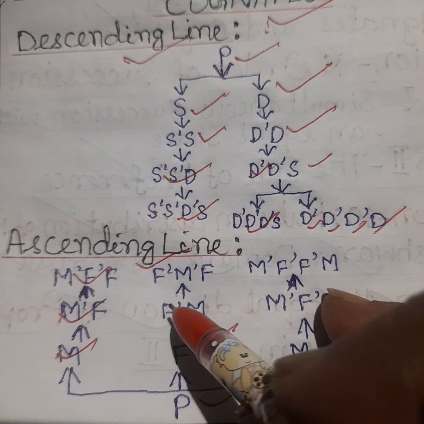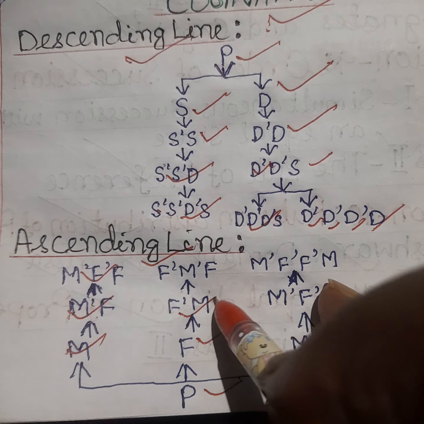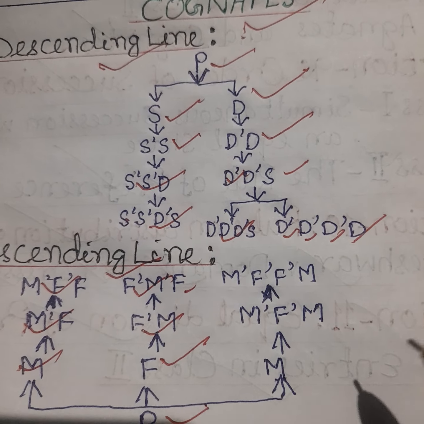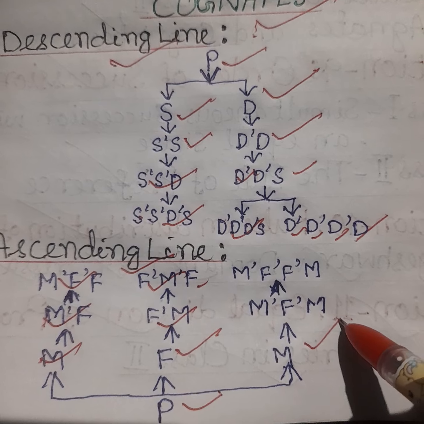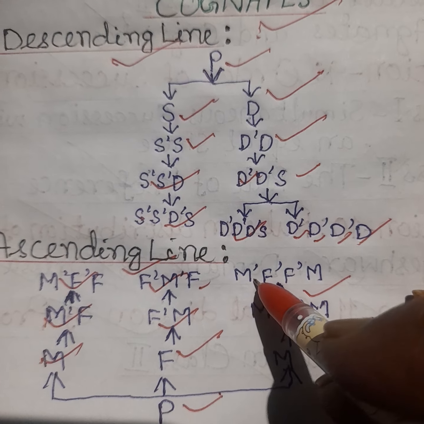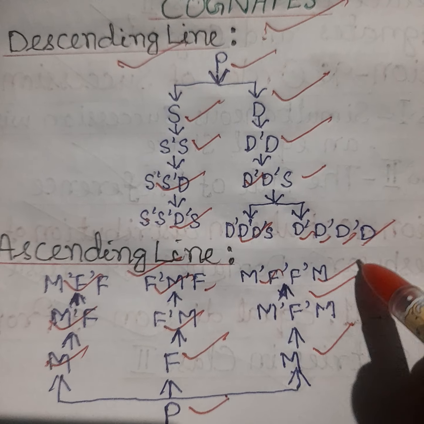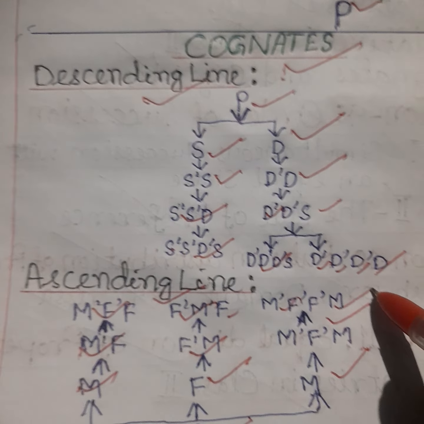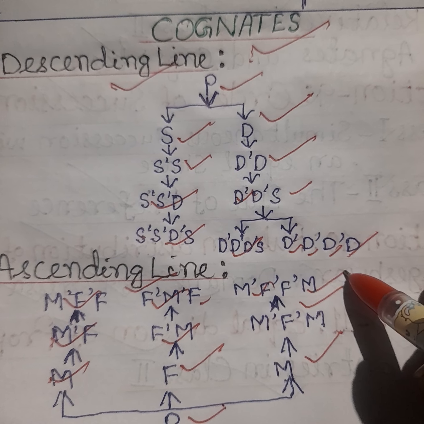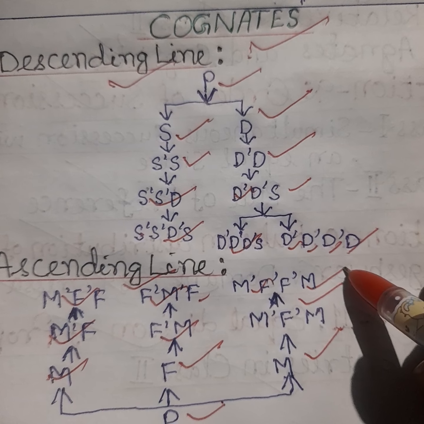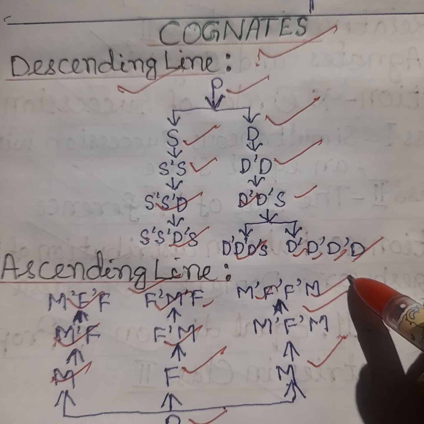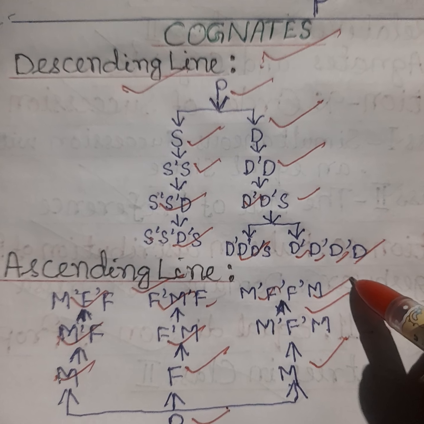Then regarding the father, it will go to father's mother, then to father's mother's father, and in the same way from mother to mother's father's mother, and mother's father's mother. So this is the order of succession made under the rule of preference, as we have discussed regarding rule 1, rule 2 and rule 3.